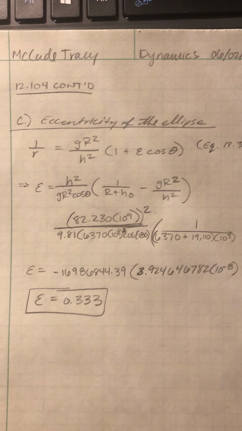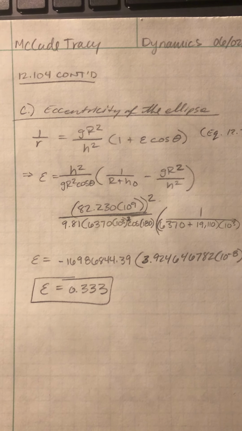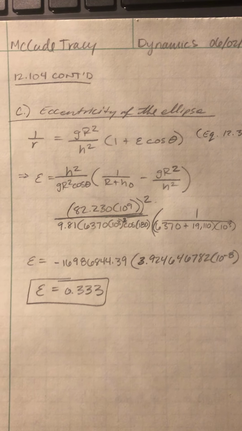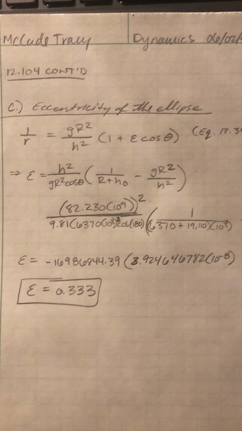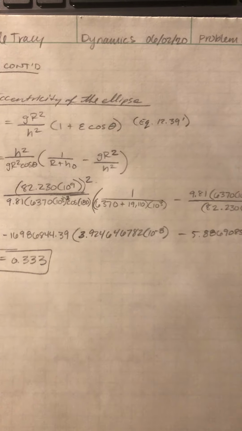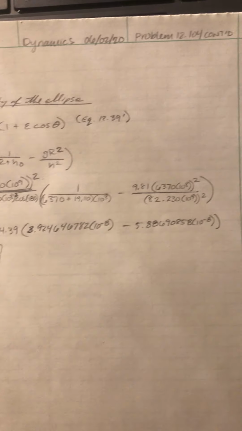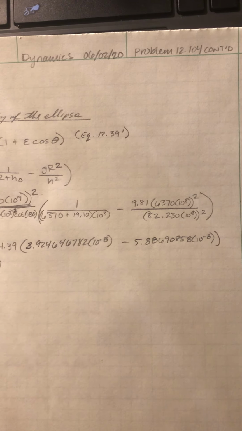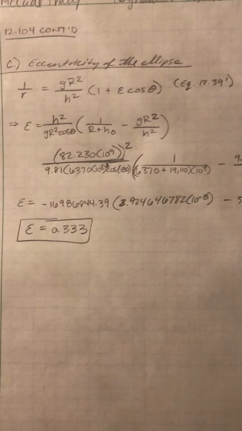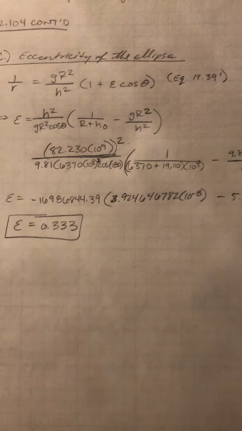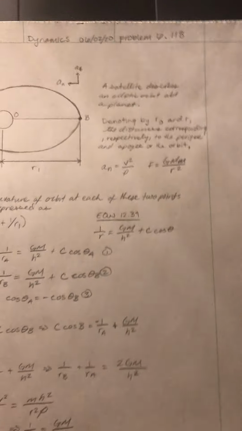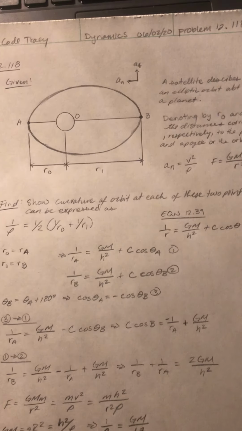Manipulating that to find epsilon, and then plugging in our values that we have calculated in parts A and B, we are able to find that the eccentricity is equal to 0.333. Moving on to the final question.